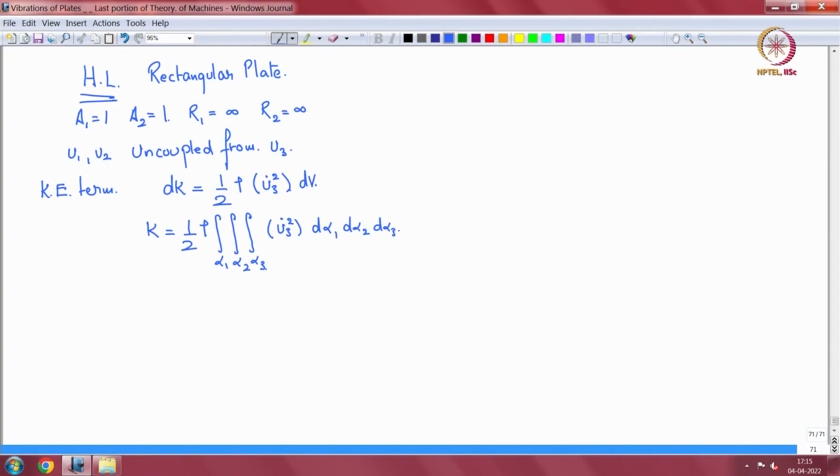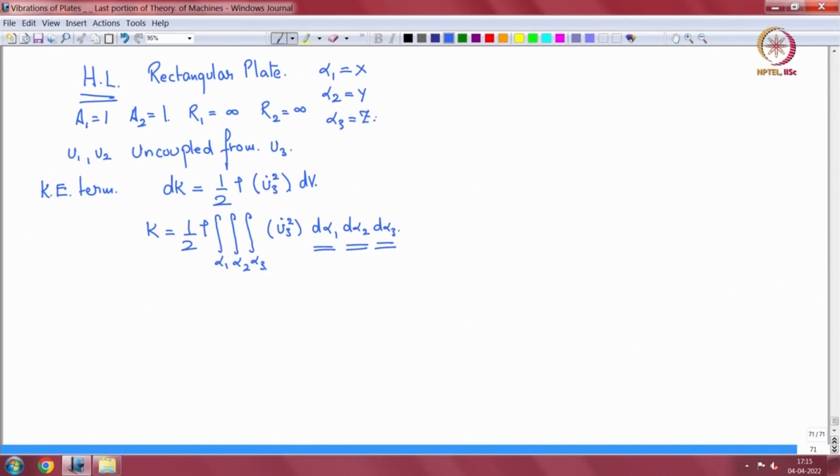I am sticking to this notation because students will now be seeing the textbook, and everywhere it's alpha 1, alpha 2, alpha 3. But keep in mind that for this rectangular plate, alpha 1 is x, alpha 2 is y, alpha 3 is z.